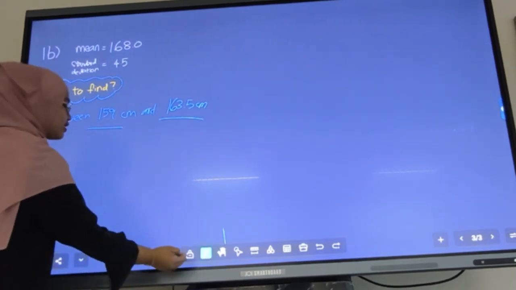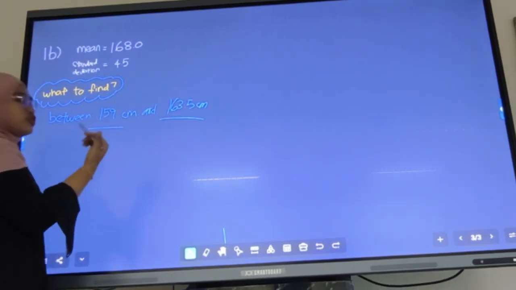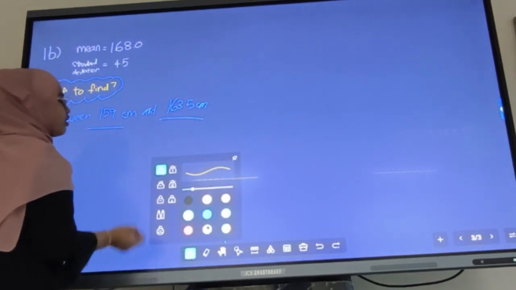As you can see, we can't solve both of them at once, so we need to solve it one by one.